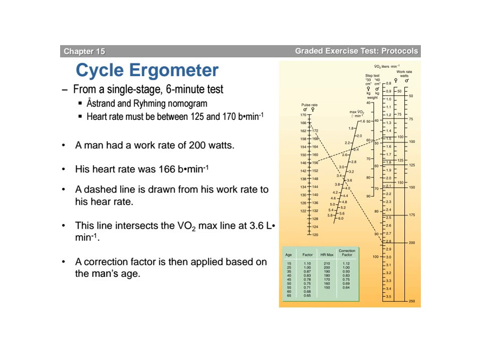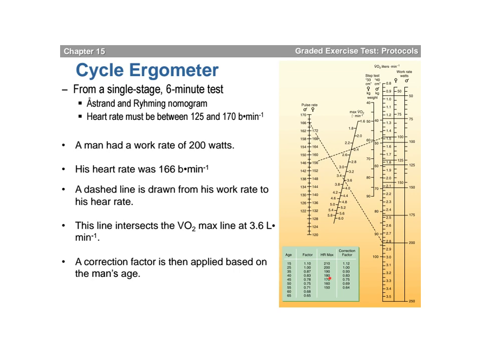If for some strange reason you didn't know the person's age, there's another way of doing the correction, which is you can use the person's maximal heart rate. So if for some odd reason you knew the person's maximal heart rate, but not their age, let's say the person's maximal heart rate was 180, then instead of using the age-based correction factor, you could use one based on heart rate.